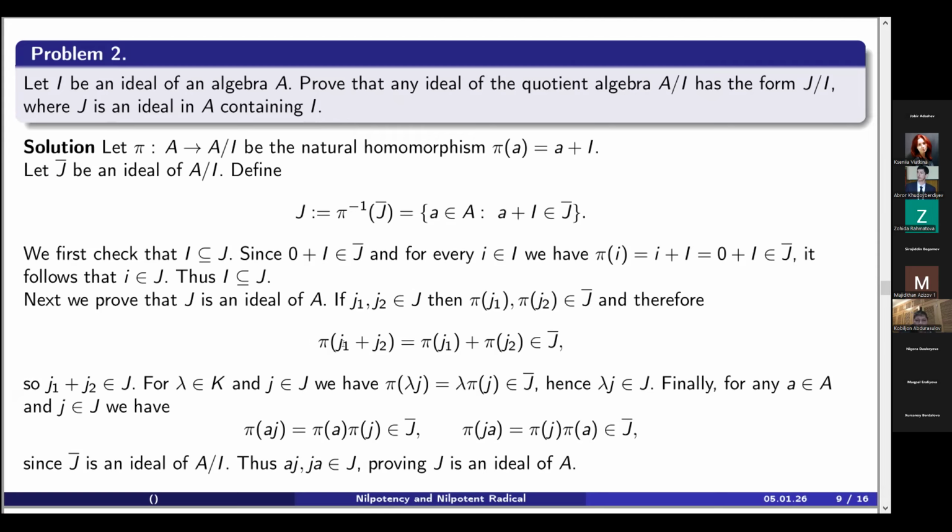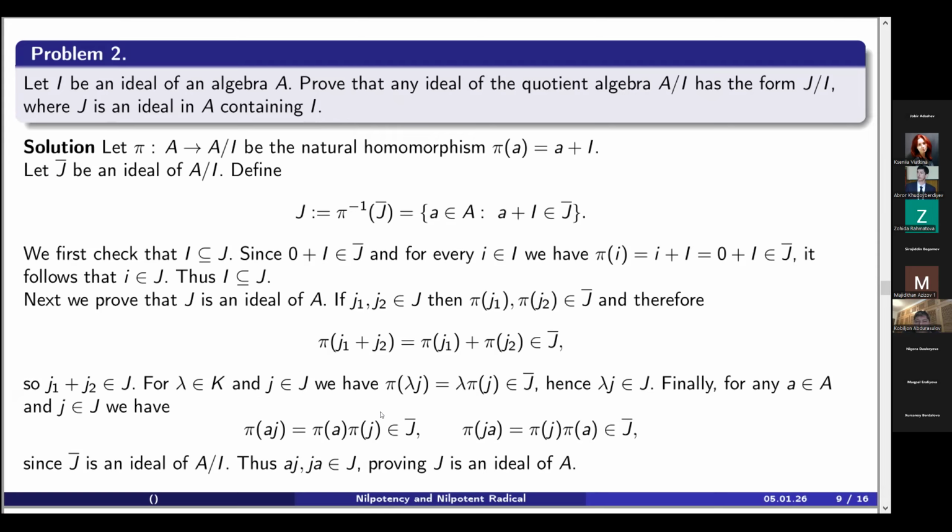And therefore P(j1 plus j2) is equal to P(j1) plus P(j2), which is in J-bar because J-bar is a subspace of A/I. So j1 plus j2 is in J. For lambda in K and j in J, we have P(lambda j) is equal to lambda P(j) in J-bar. Hence, lambda j is in J.